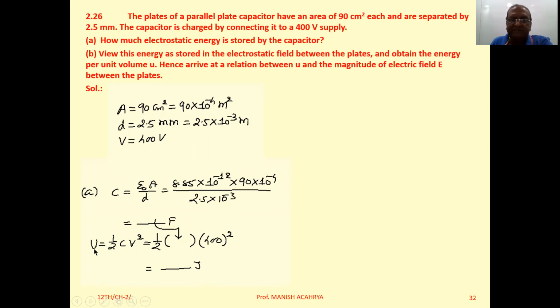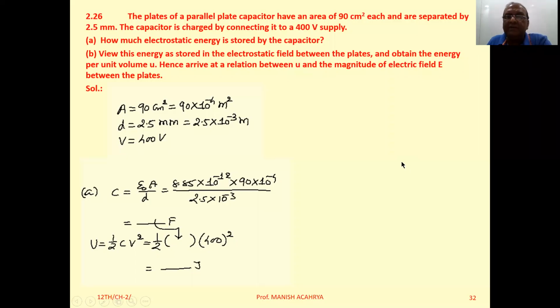Now energy stored in the capacitor is half CV square. So half, substitute the value of capacitance which we calculated. V is given to you as 400, substitute its value and then solve it. You will get the energy stored in the capacitor. Clear to all of you?